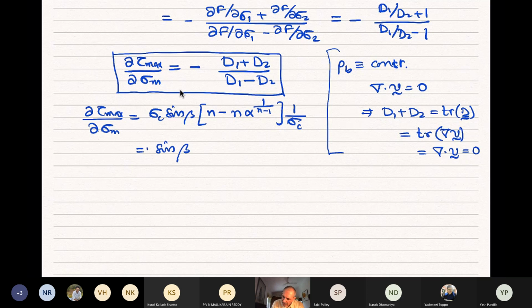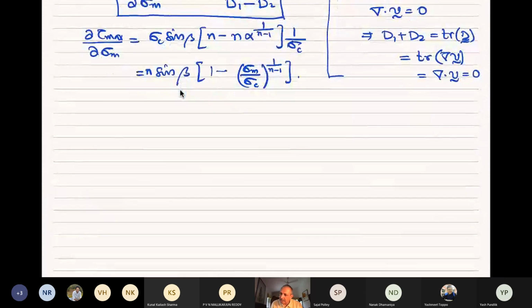So that's just n into sine beta into 1 minus alpha. So if I want to write it in terms of sigma m, just to be clear, so sigma m by sigma c divided by n. So this is what it is.